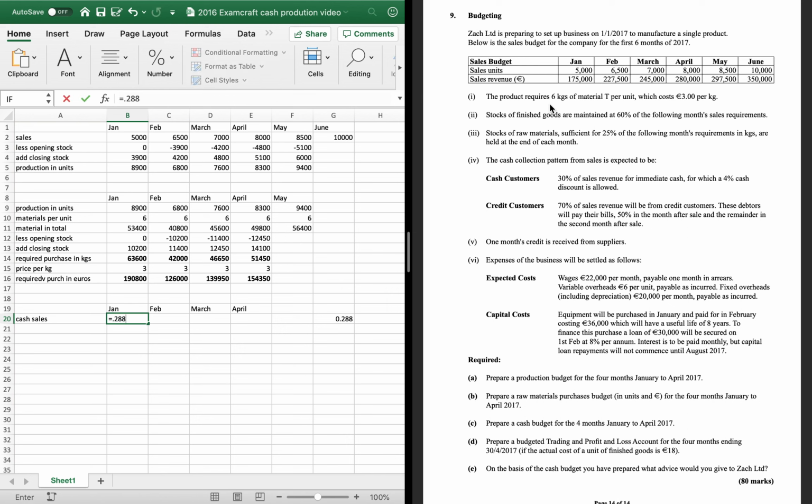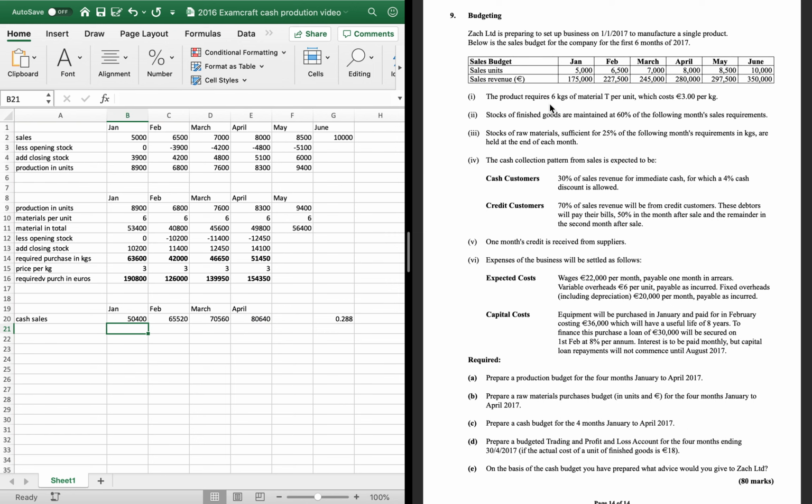So it's 0.288 by 175,000, 50,400. 0.288 by 227,500 is 65,520. 0.288 by 245,000 is 70,560. And then we've 0.288 for April by 280,000, which is 80,640.